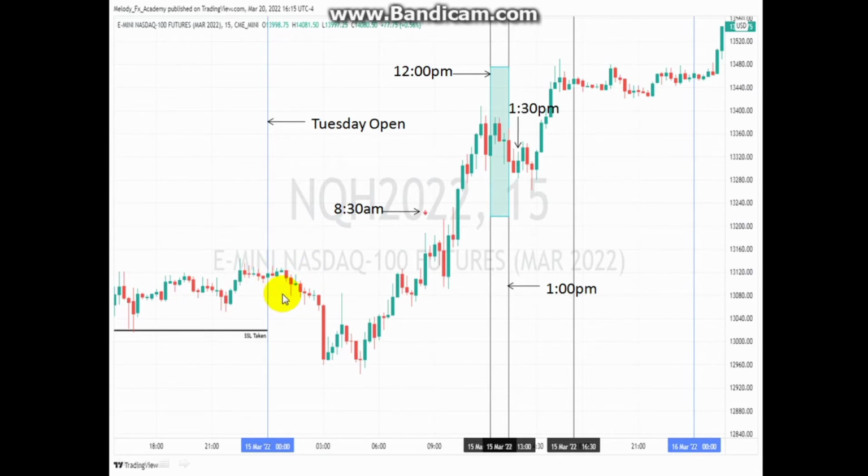When you are looking at the forex markets, we look at different times of the day. So this is the one you probably want to take note of if you are interested in this asset class.